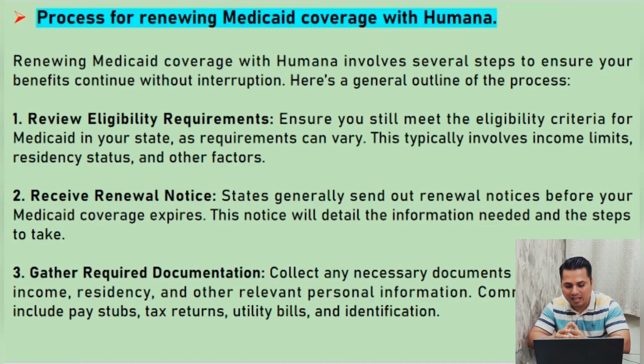Number 3, gather required documentation. Collect any necessary documents such as proof of income, residency, and other relevant personal information. Common documents include pay stubs, tax returns, utility bills, and identification.